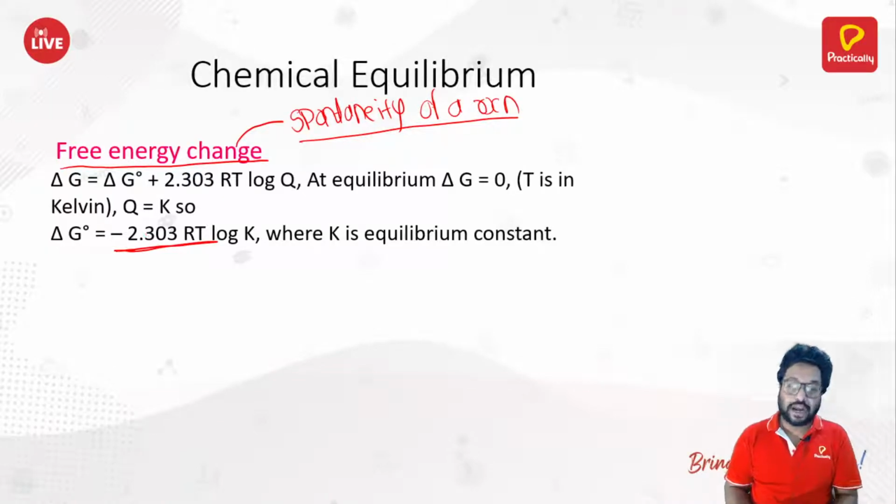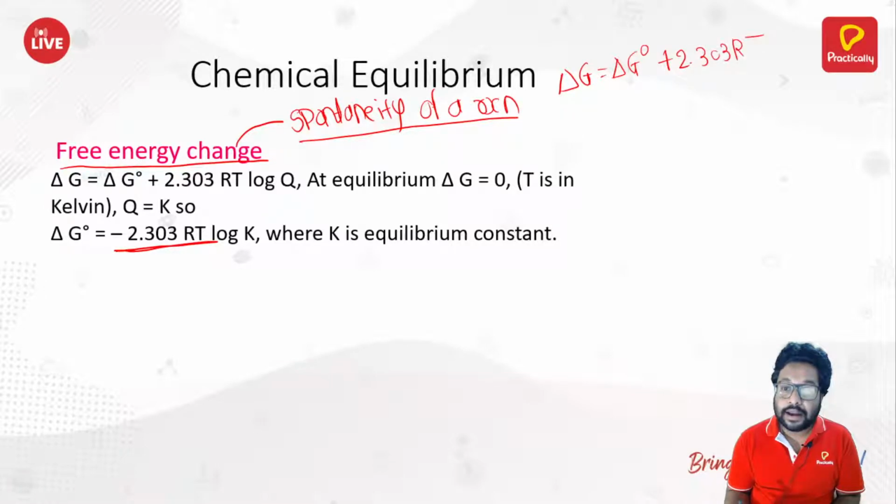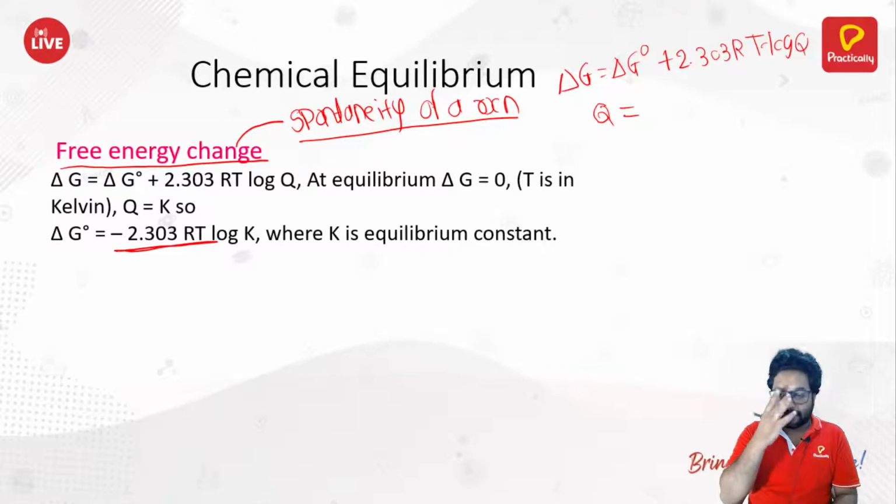So what is the formula? The delta G is equal to delta G0 plus 2.303 RT log of Q, where Q is what? Q is the reaction quotient. What is the reaction quotient?